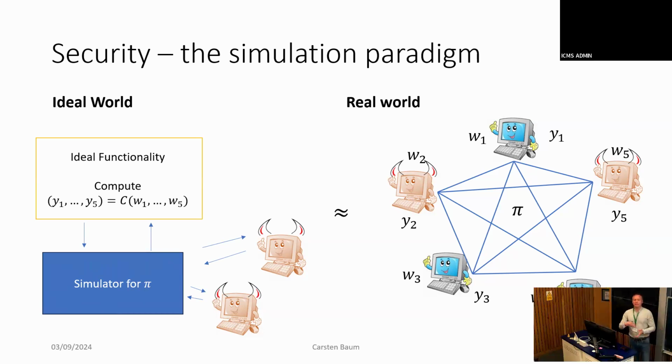It's done by an entity called the simulator. What does it do? It talks to the dishonest parties, that is, to the adversary who controls them, and generates the messages that honest parties would send to the dishonest parties. It also gets the messages from the dishonest parties and processes them.